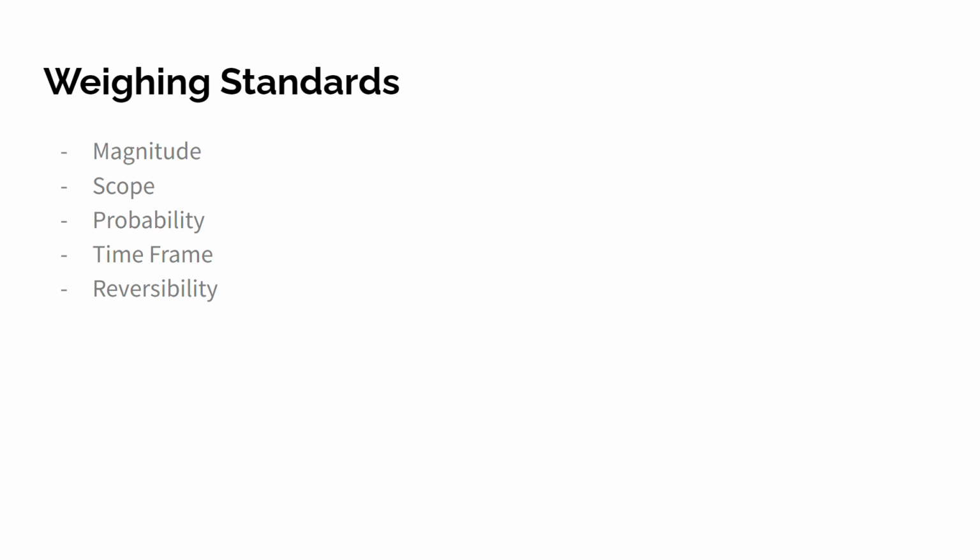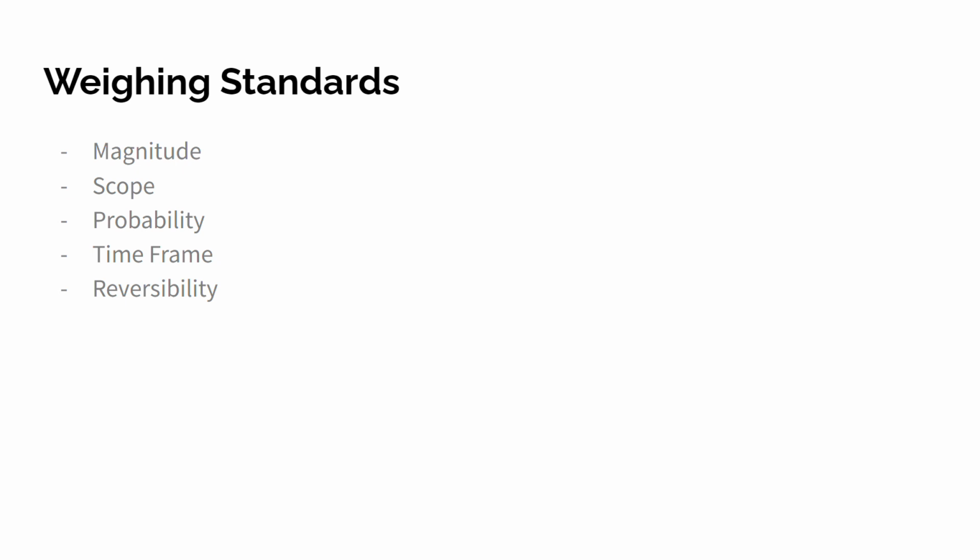The next common weighing standard would be probability. Probability is basically what it sounds like. It's just how probable an impact is. So for instance, getting a paper cut versus an asteroid strike on Earth.